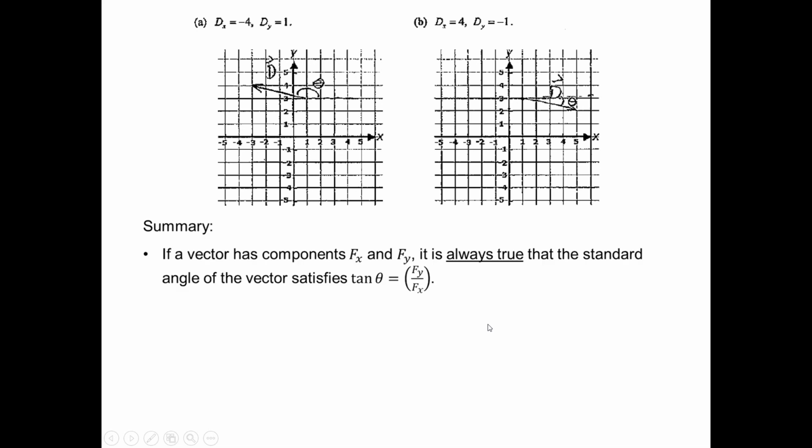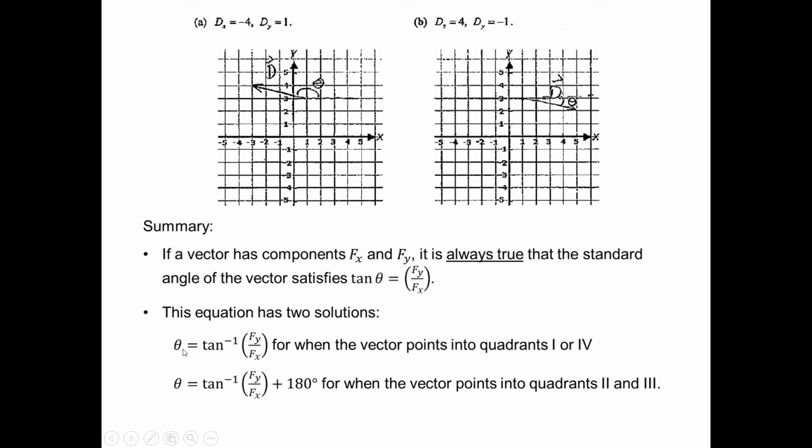So think of it as the upshot. To summarize, if you have a vector that has components Fx and Fy, it's always true that the tangent of the angle that defines the vector in polar coordinates is the y component over the x component. Is it also true that theta is the inverse tangent of that?